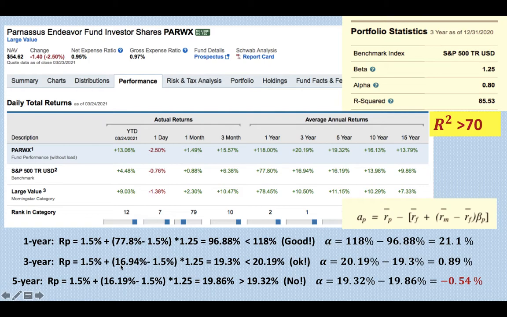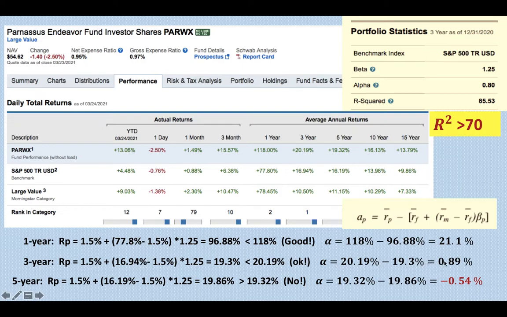For the 3 year, we can find that the required rate of return is 19.3, which is less than the 20%. So you can see it's a little bit higher. The real return is just a little higher than the required rate of return.